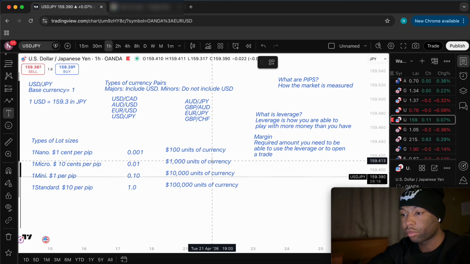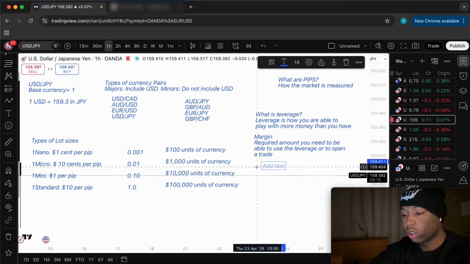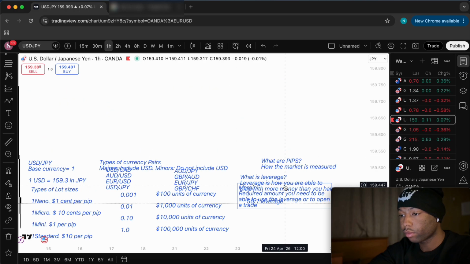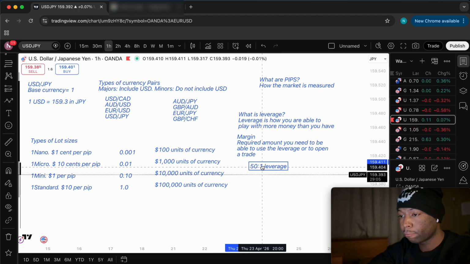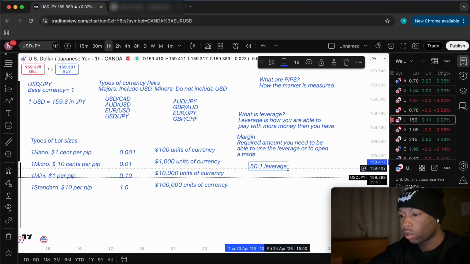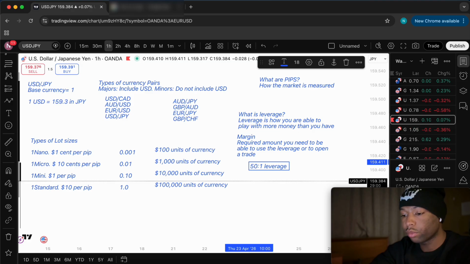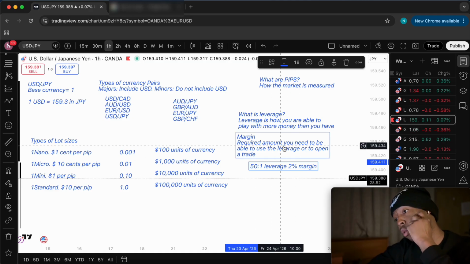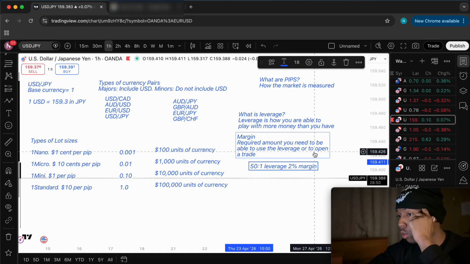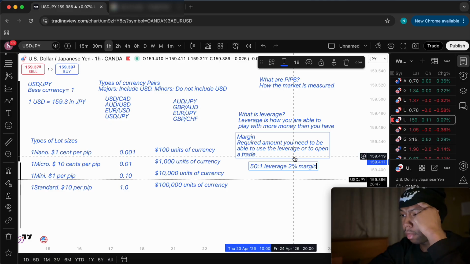All right. Now, usually the broker will offer you a 50-to-1 leverage. All right. Now, if you have a 2% margin, remember, margin is a required amount you need to be able to use the leverage or to open a trade, right?